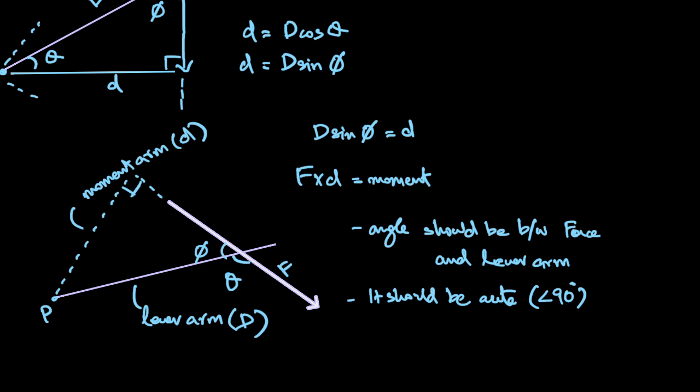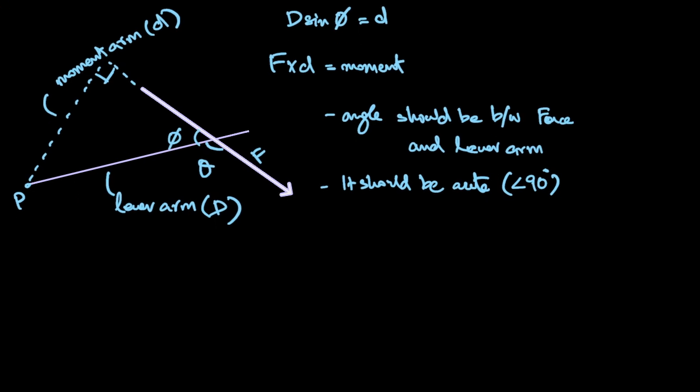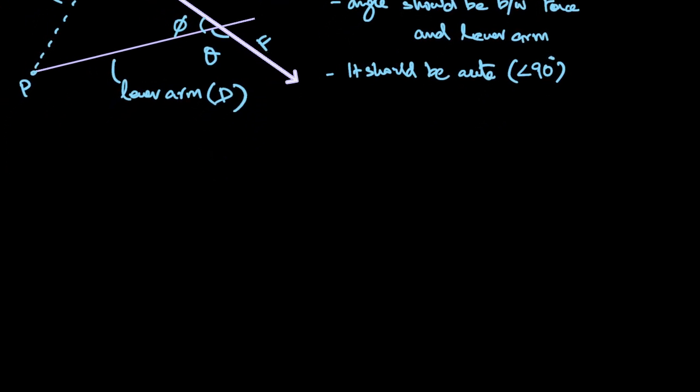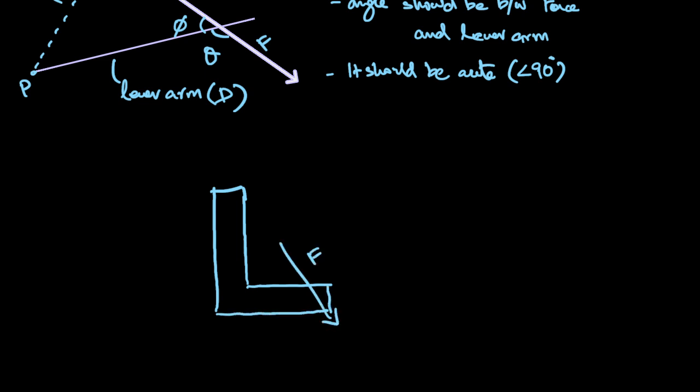And as for when you're identifying this lever arm, the only thing that you should keep in mind is that this is the distance between your pivot and the point at which the force is acting. If you had an oddly shaped object, something like this, and you had a force vector acting on this object, and by the way, you're taking moments about this pivot point, then it's easy to assume that this is your lever arm.